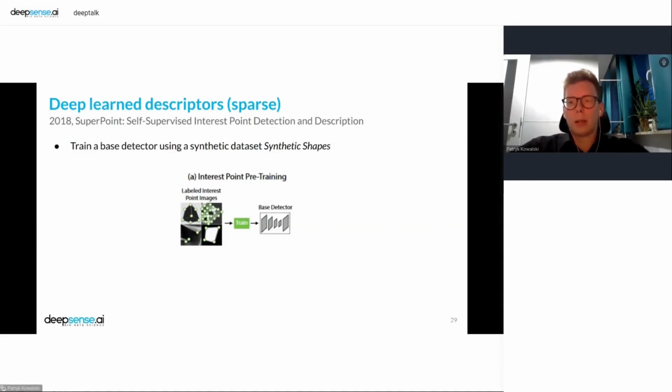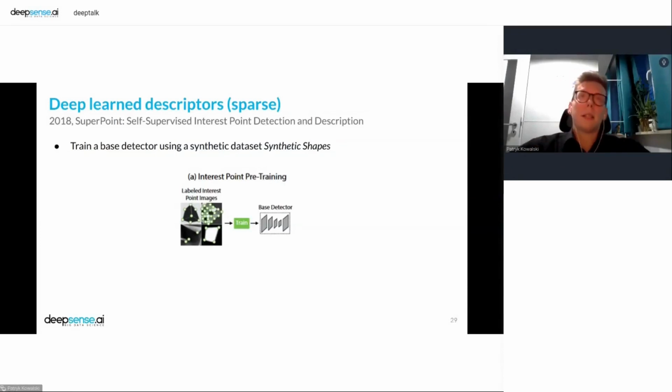So it's hard to create a good dataset for supervised learning, right? And the SuperPoint authors figured out that they can have a dataset for supervised learning if they create it themselves and if the images are simple enough to have no ambiguity regarding interest points.